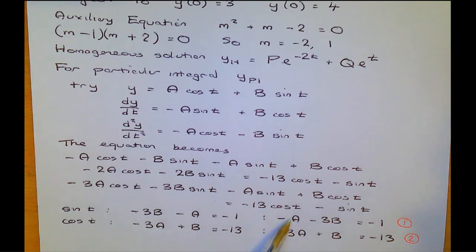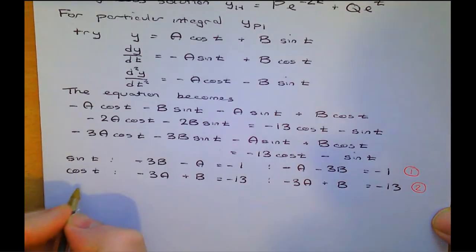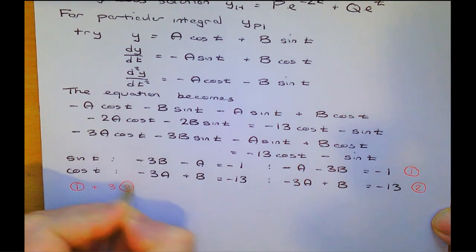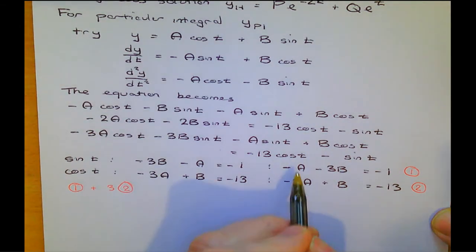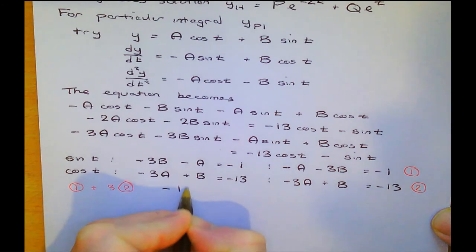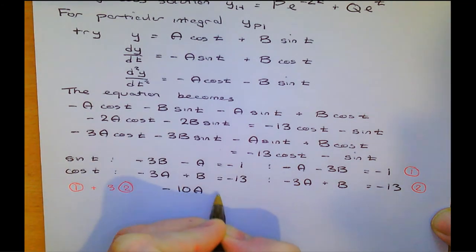And then two equations in a and b. If we were to, say, take equation 1 and add 3 times equation 2, minus a minus 9a, so we get minus 10a.